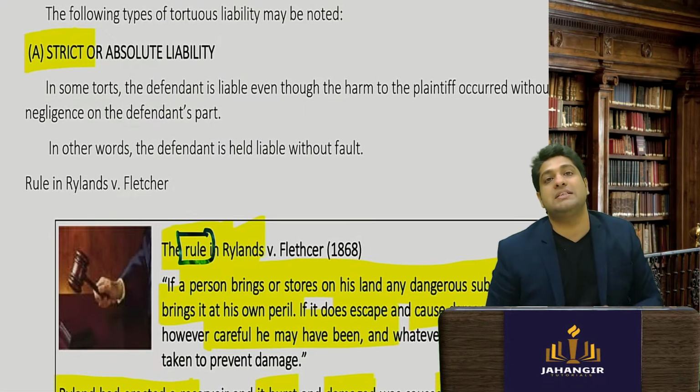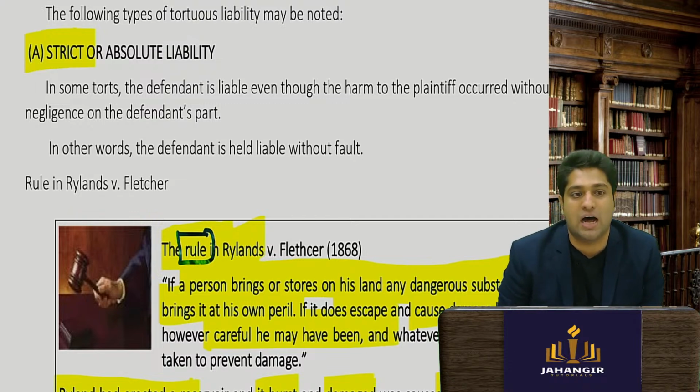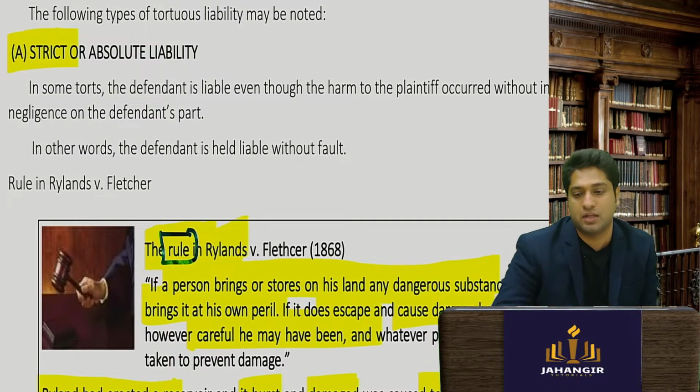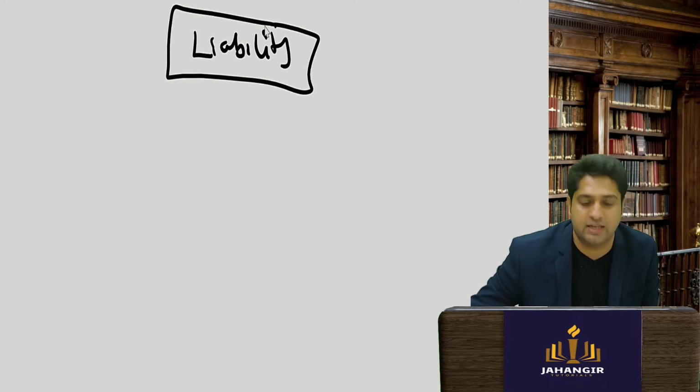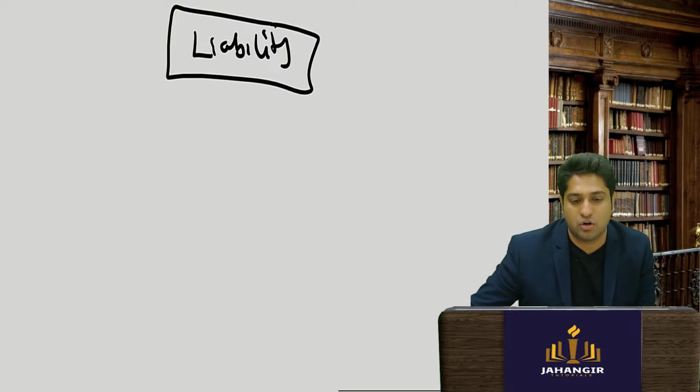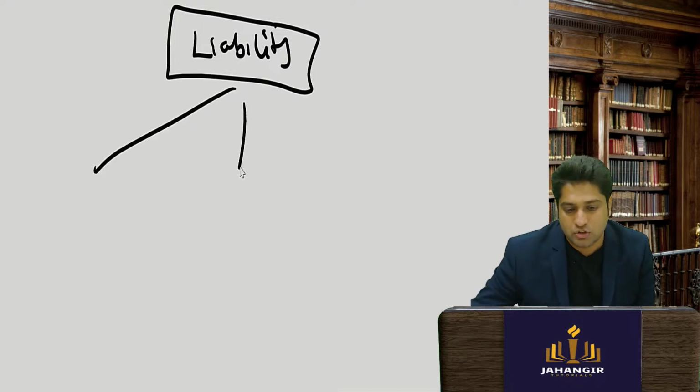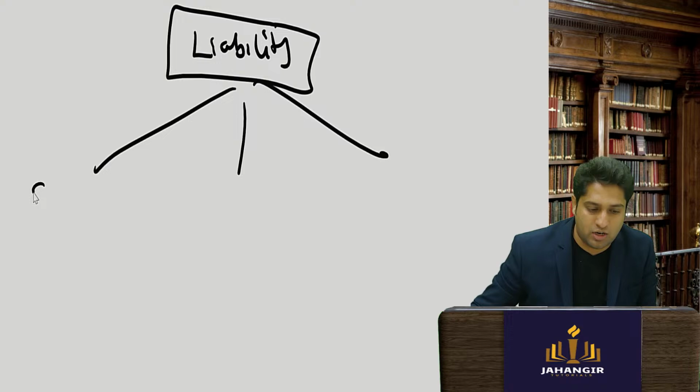Now we will see some kind of liabilities. Out of these liabilities, one definitely comes in the exam. So there are three liabilities that we will see. First liability. Okay, now three types of liability. Do you know which kind of liabilities are there under your law of torts? So first liability is called as your strict liability.